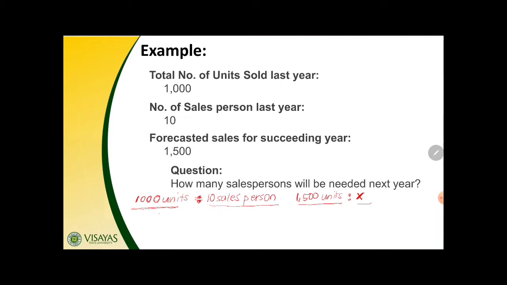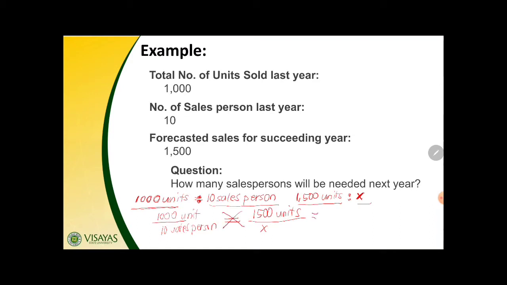So, it goes like this. 1,000 units over 10 salespersons equals 1,500 units over x. Okay? So basically, what you will do is cross multiply. You have division on both sides, and then you cross multiply.